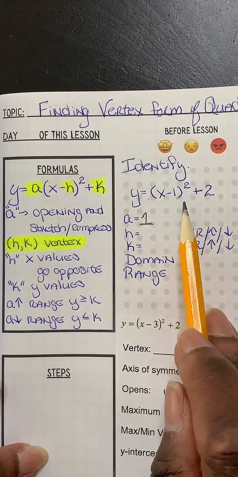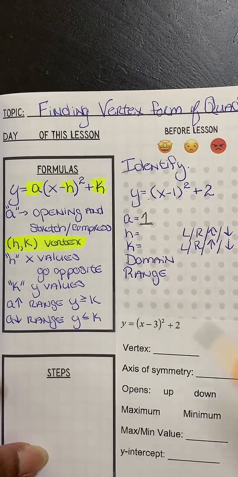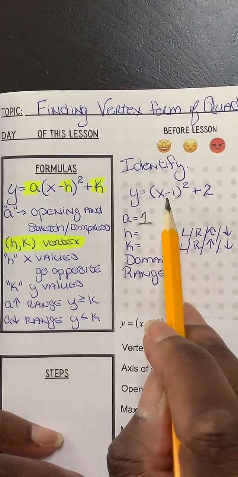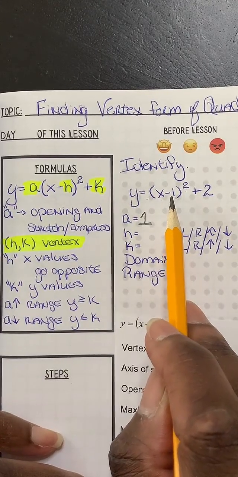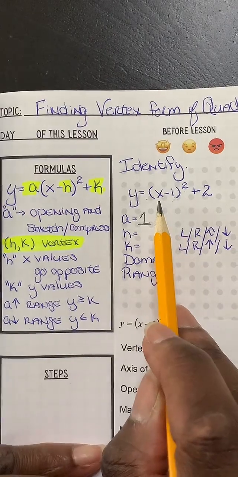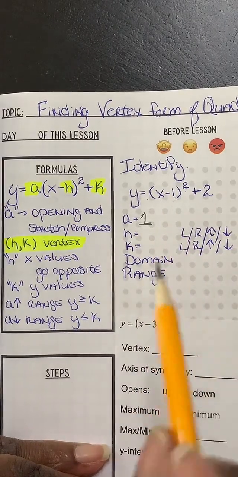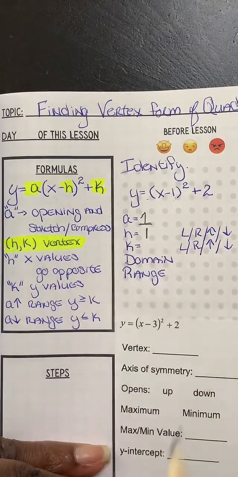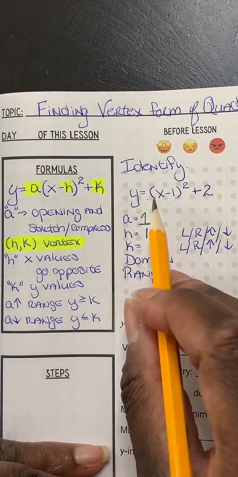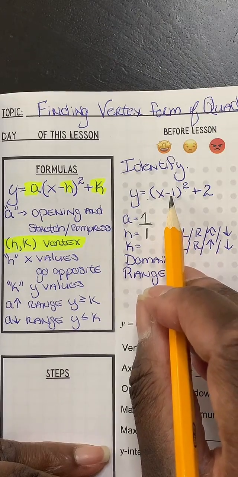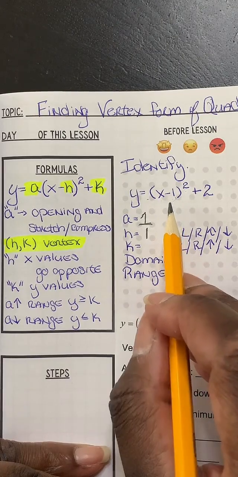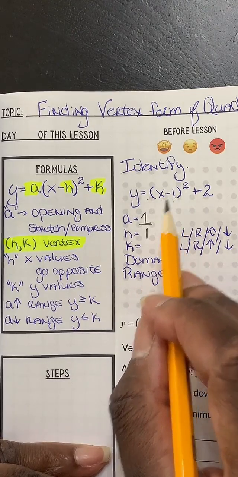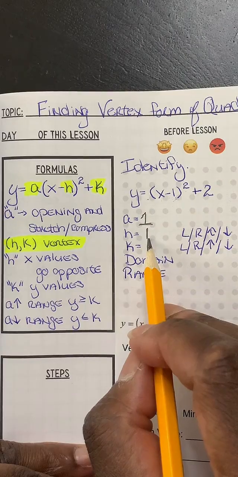The easiest way that helps me remember is if it's inside a parenthesis, you always give it the opposite sign. So if I see x minus 1, that means it's actually going to be a positive 1. Inside the parenthesis, the signage is always opposite what you see.